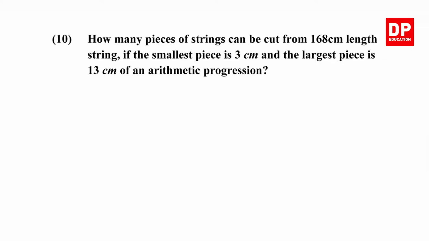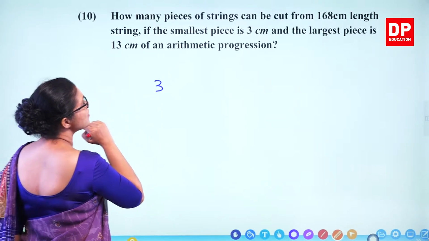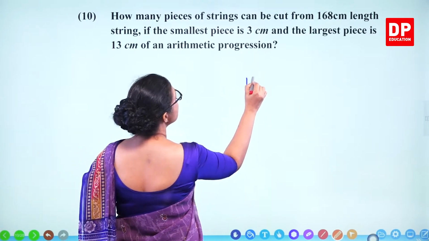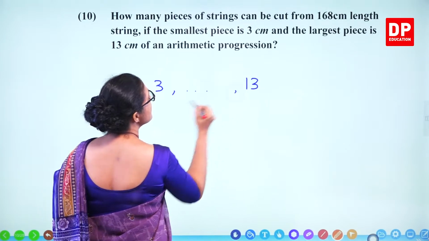Question number 10. How many pieces of string can be cut from a 168 centimeter length string if the smallest piece is 3 centimeter and the largest piece is 13 centimeters, in an arithmetic progression? So 3 is the smallest one, largest one is 13. So that means you can get several terms here.